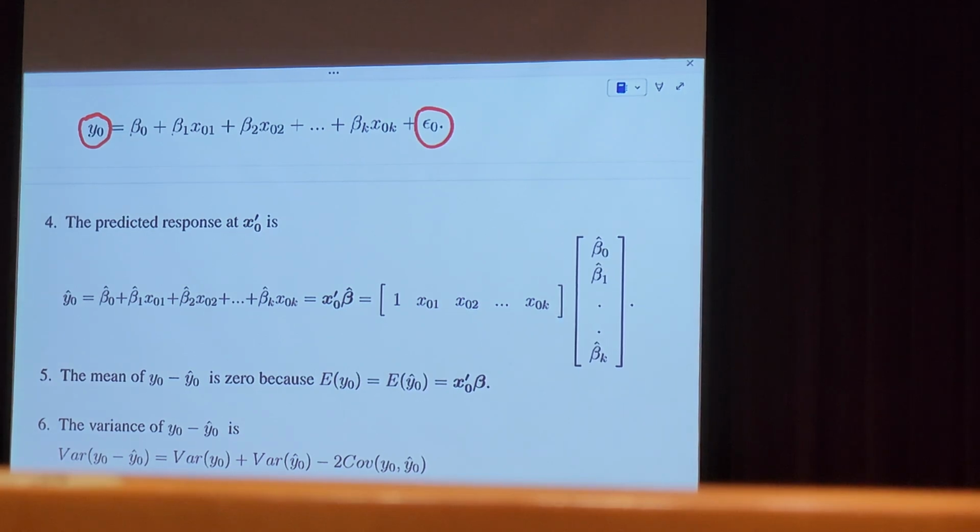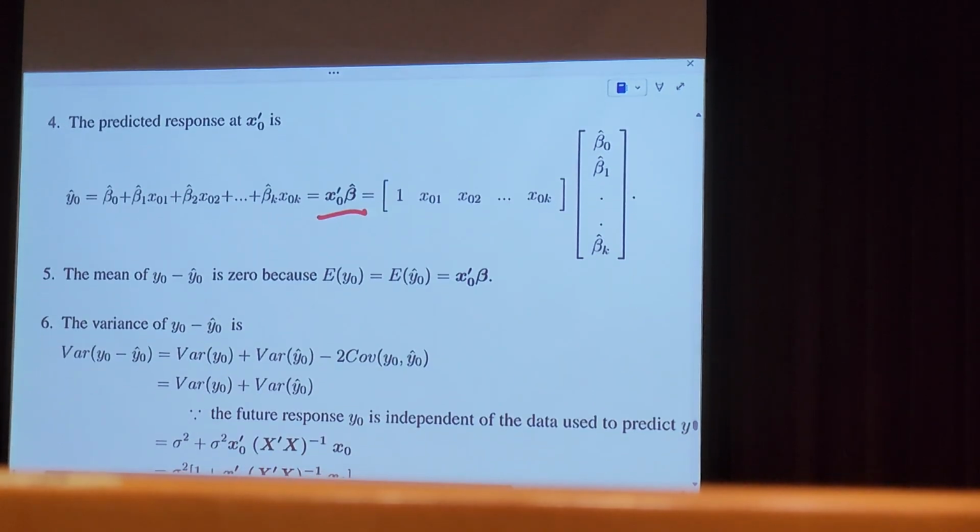And that is written here in matrix notation. And to construct a prediction interval for y0, you need to consider this particular random variable. So let's look at this difference between y0 and y0 hat.